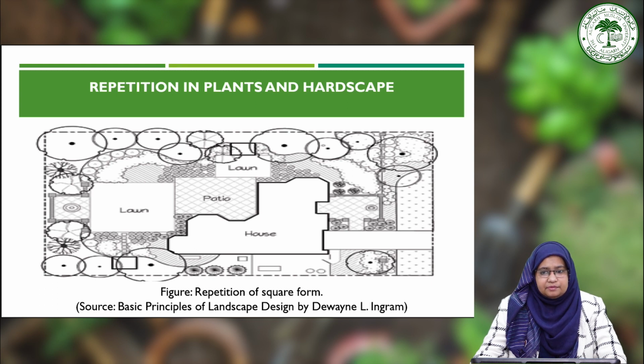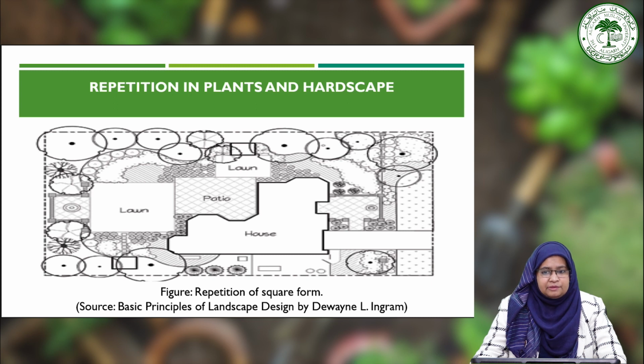Repetition and pattern can be made most obvious in hardscape because duplication is easiest with build material that are manufactured to exact dimensions. An example would be the use of a square form that gradually become smaller or larger.